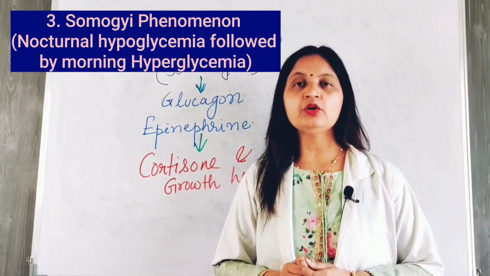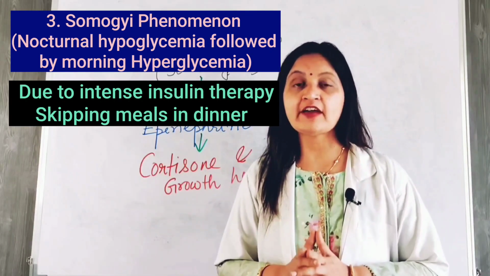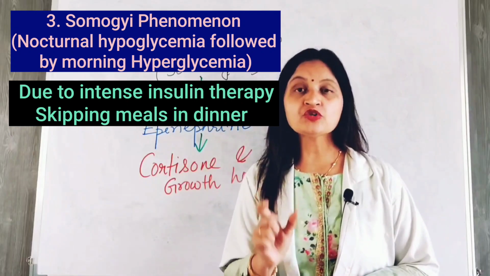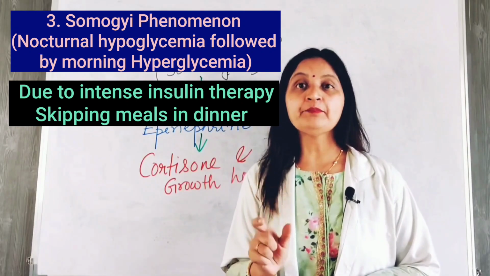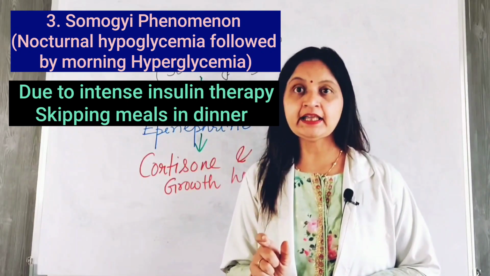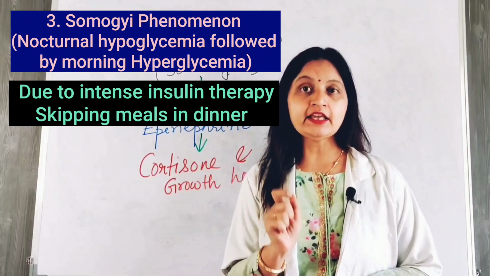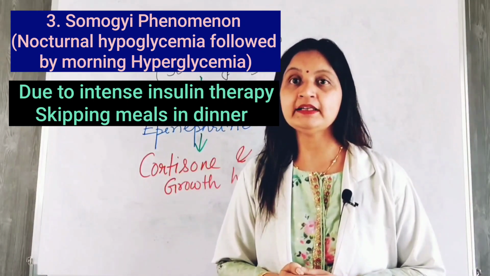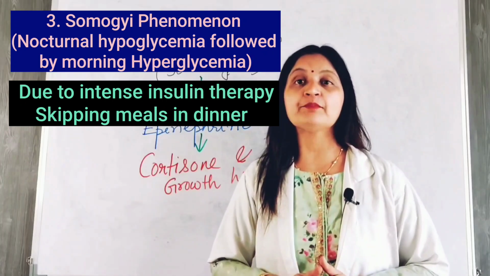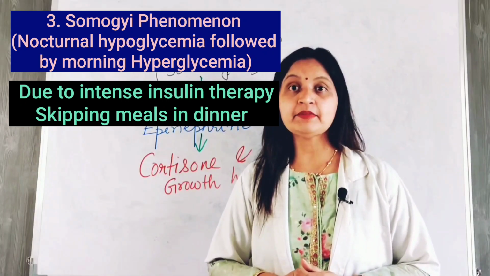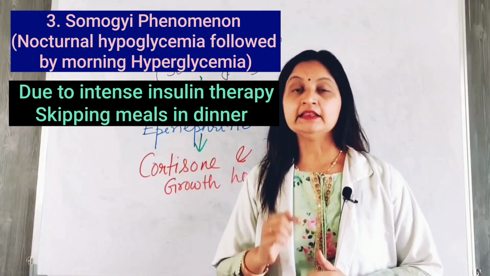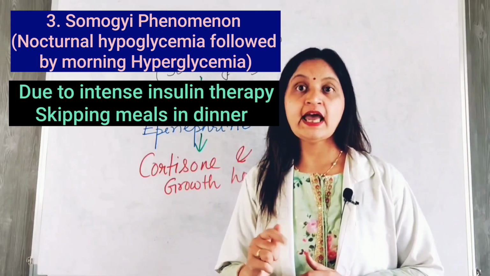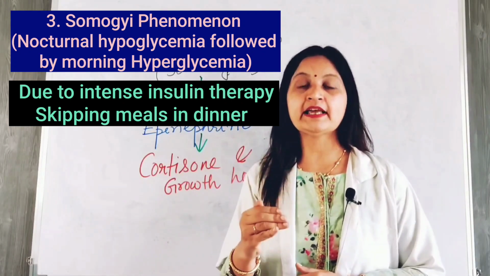Thirdly, there is a phenomenon known as the Somogyi effect, which I have discussed in my previous video. In this phenomenon, there is nocturnal hypoglycemia, hypoglycemic stress during the night time, and this is due to intense insulin therapy during bedtime or skipping meals at bedtime, which can cause hypoglycemia during the night. This can lead to a defective counter-regulatory hormonal response and lead to morning hyperglycemia.